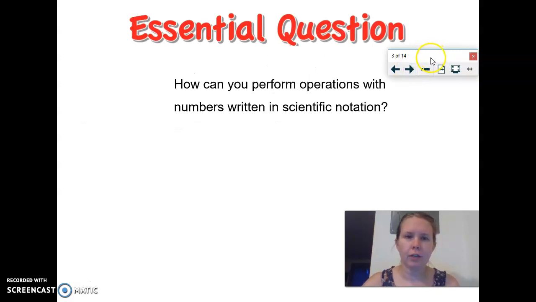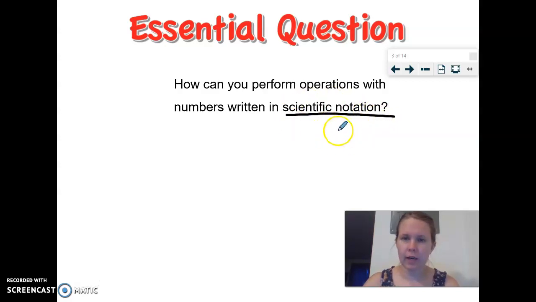Your essential question is: how can you perform operations with numbers written in scientific notation? Like I mentioned, we are going to be using some of those exponent rules as we go through this.